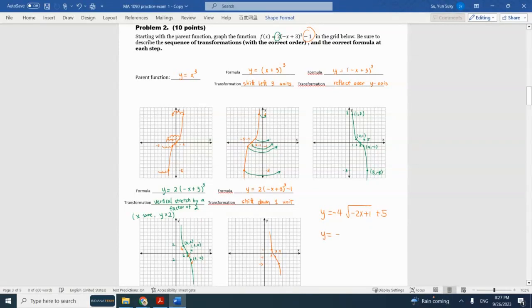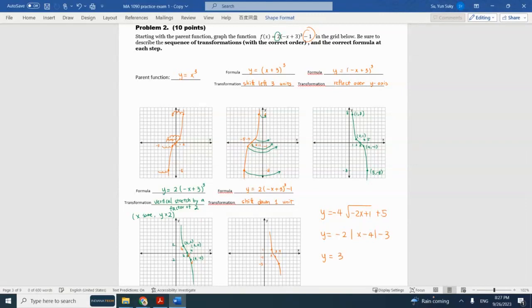Or you can try how about minus 2 and then absolute value of x minus 4 and then minus 3. Yeah, I just make up some problem you guys practice.